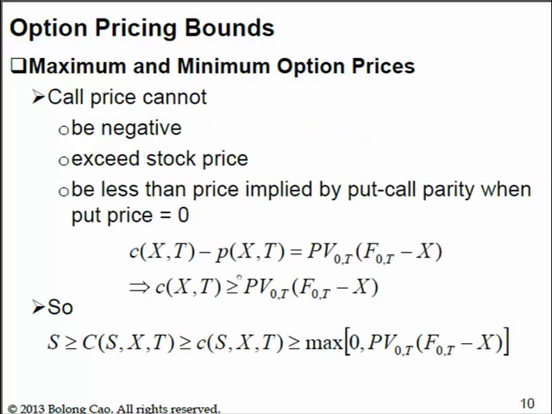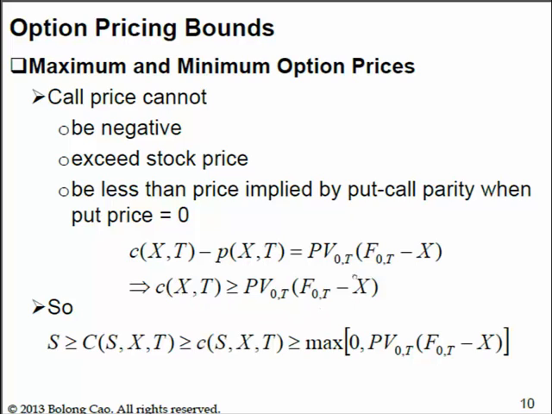Now, if the minus term on the left-hand side, the put premium, is a positive number, what does it mean? It means the call option premium should be higher than the present value of the difference between the forward price and the strike price.